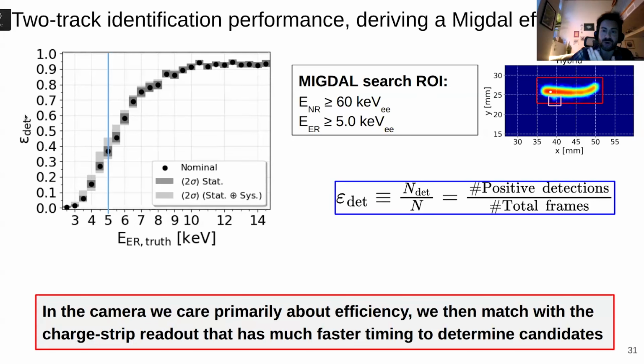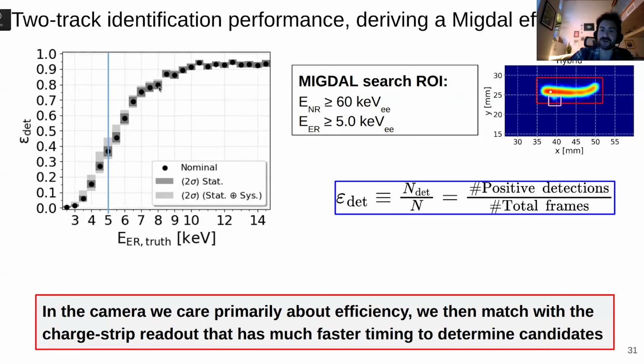One of the extensions that you can try doing on your own time is looking at detection efficiency versus electron recoil energy. Because if you remember, the lower your electron recoil energy is, the shorter your track is, and so those are harder to detect. That's why we find these much lower efficiencies. But you can see as we get to higher and higher efficiencies, using YOLO, we do a pretty good job.